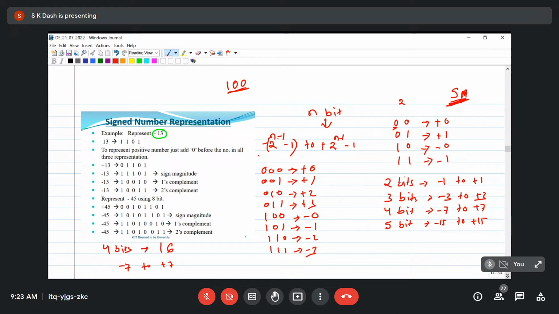If the system knows that it is an unsigned number, then it recognizes this as 4. If the system knows this as a signed number, and it is signed magnitude, it will represent this as -0.